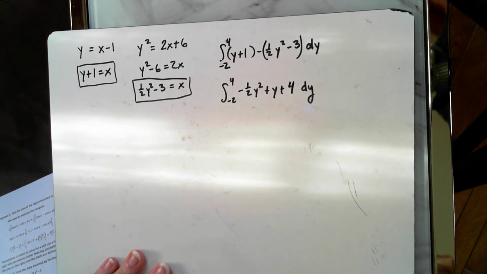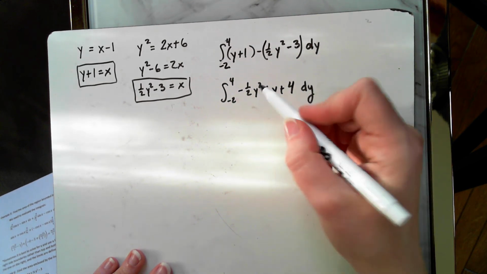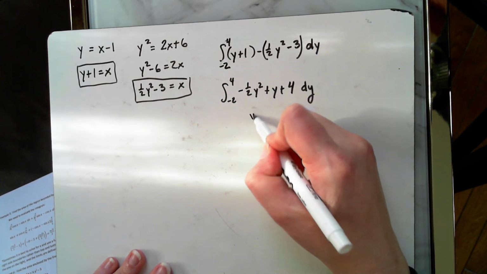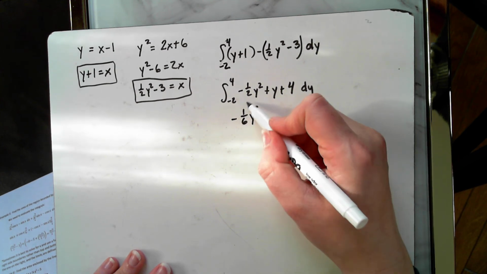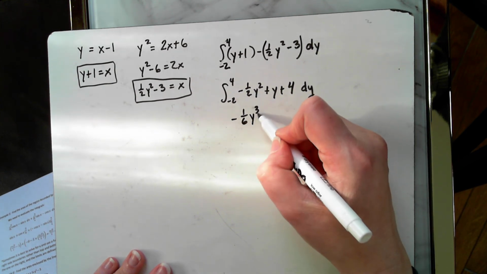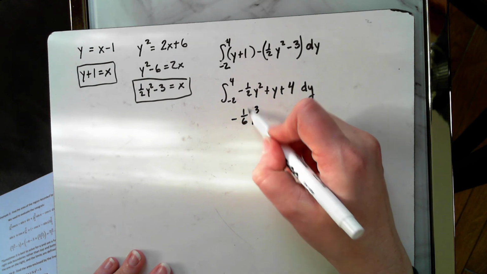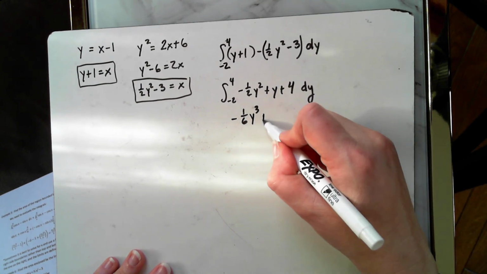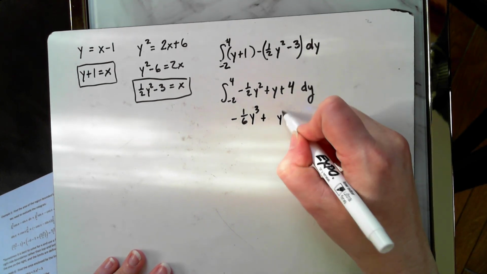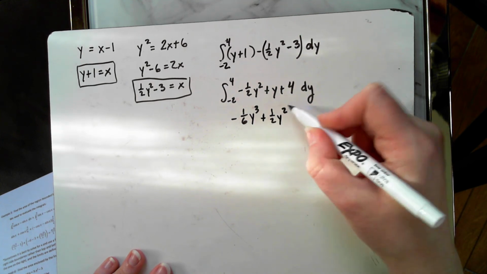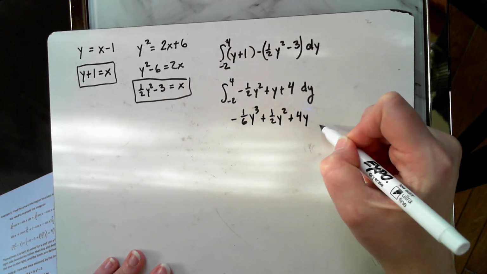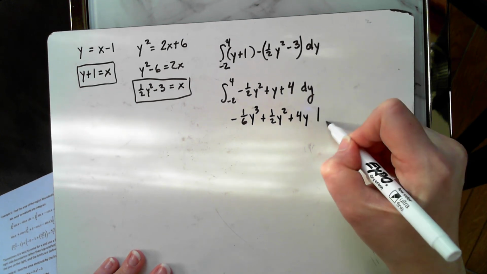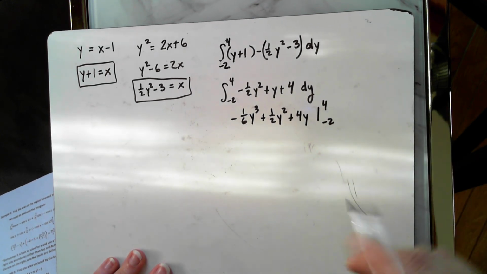Sorry about that. So now I'll just do my antiderivative, go up by 1, divide by that power. Okay, so I just multiplied 2 times the 3 that I was dividing by, and that got me -1/6 here. Here I'll go up by 1, divide by that power. And here I'll go up by 1, and that power was just a 1, evaluated from -2 to 4.